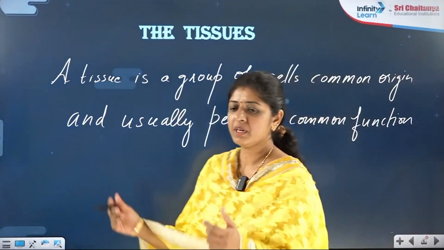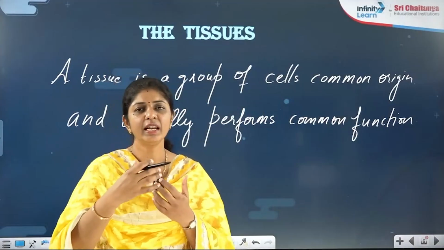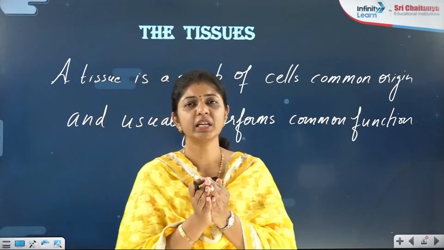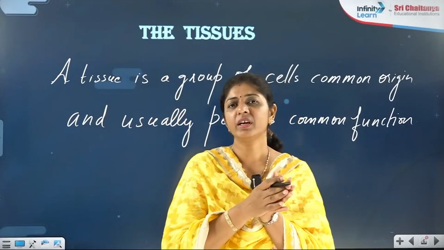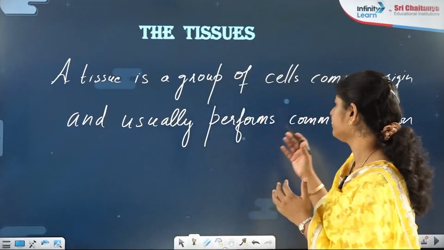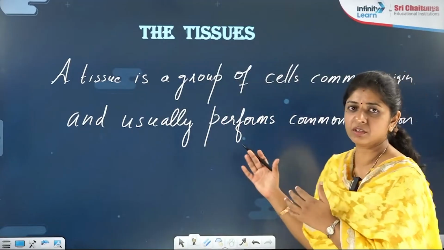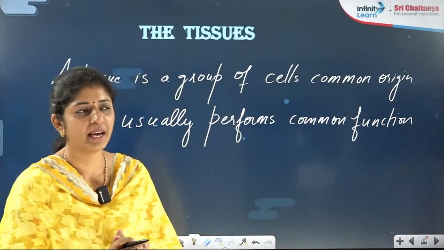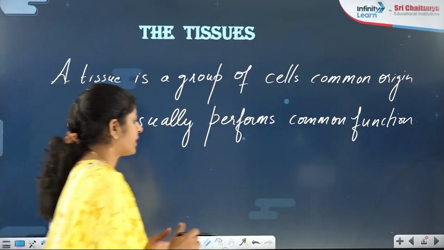Are you getting that? If I take a cell, it gives rise to tissues, but the origin of those tissues is the same, meaning from where they are coming, the origin must be the same, and they usually perform a common function. This is the definition of tissues. It is a group of cells, right? Okay, now coming to the next point.